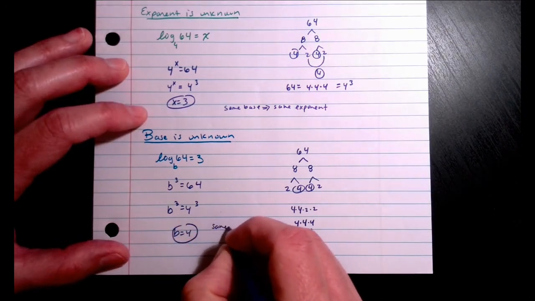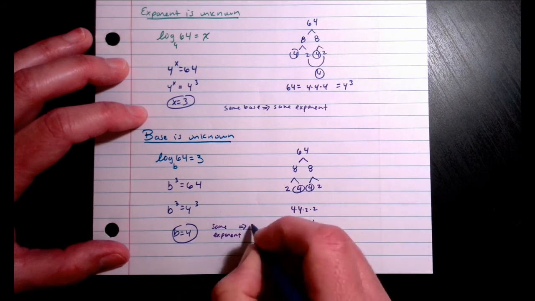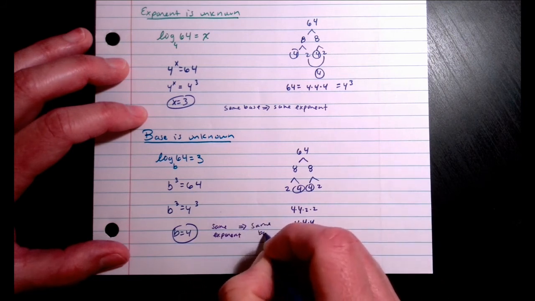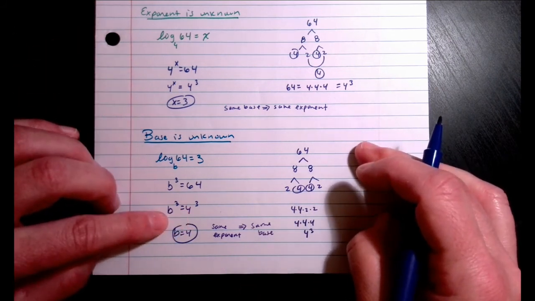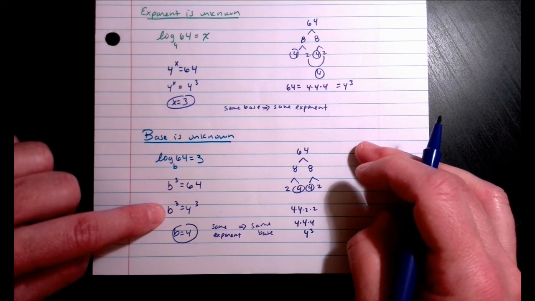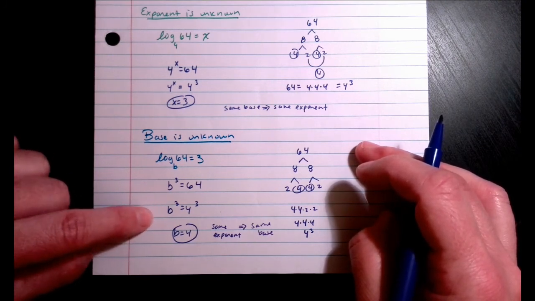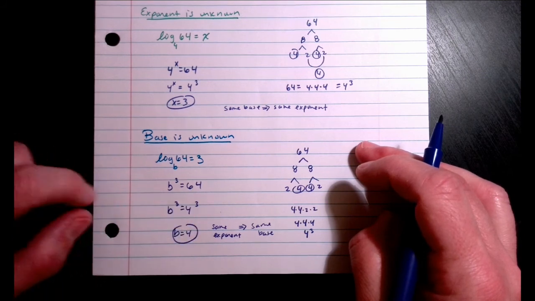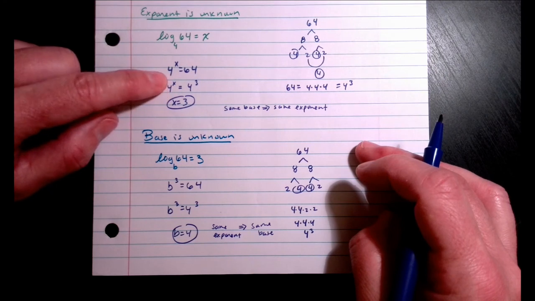So if you have the same exact exponent, then that implies you have the same base. Now keep in mind, this is with a single quantity. In other words, there's no addition or subtraction or other values on this. It's a single quantity raised to that same power. Up here, it's a single quantity base that's raised to a power.